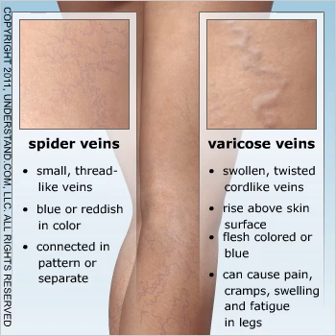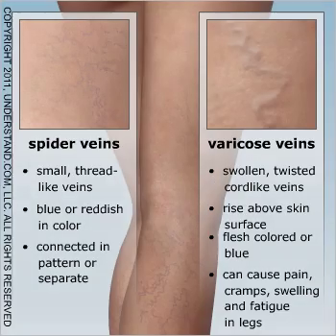While laser vein removal may treat small, and in some cases medium-sized varicose veins, other treatments, such as sclerotherapy, which involves injecting the veins with a special solution, or surgery, may be more appropriate for the treatment of large varicose veins.